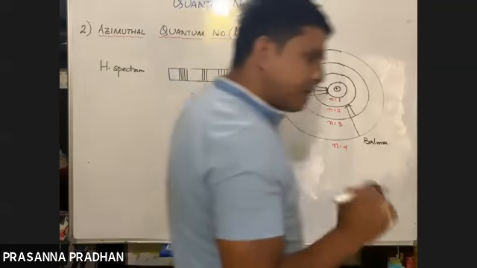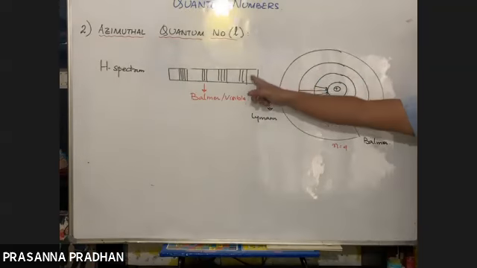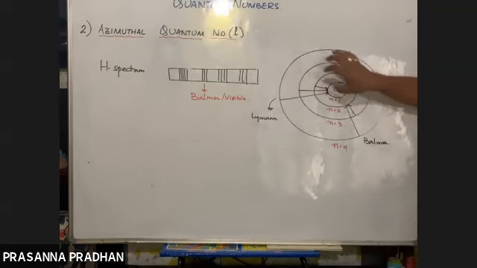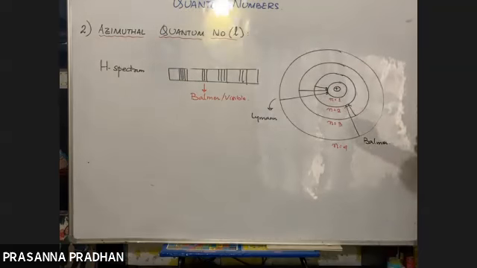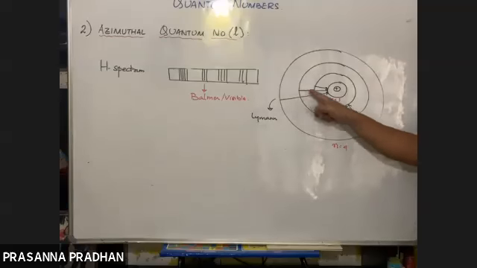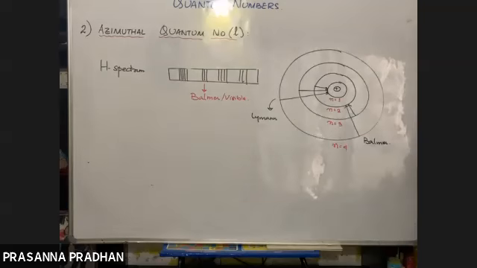So the occurrence of these lines was explained on the basis of the transition of an electron from one shell to another shell.